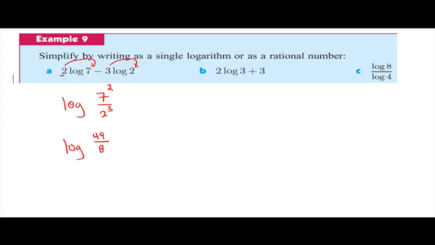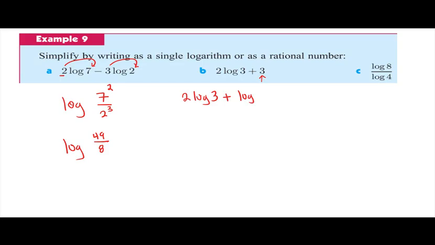Over here, once again, you need to change this 3 into a logarithm. First of all, we have 2 log 3 plus a log with base 10. Remember, when there's no number here, there's an imaginary 10. So if this is a 10, what are we going to have here that's going to give us a value of 3?